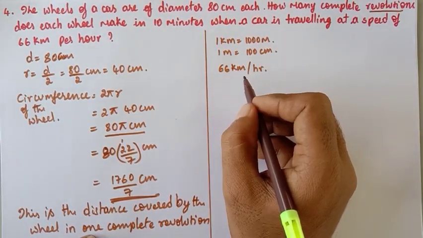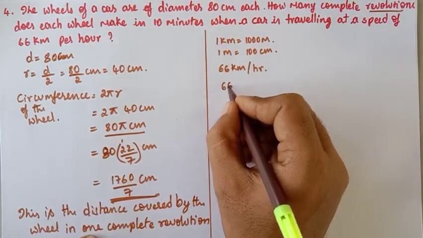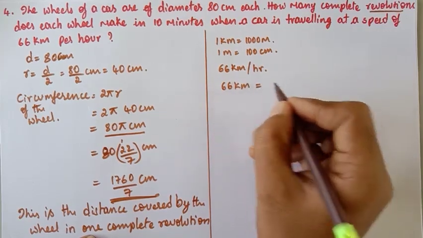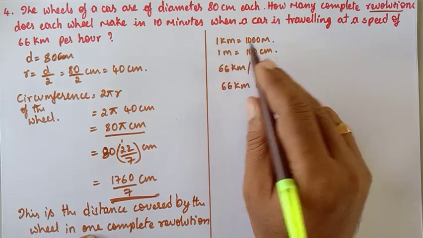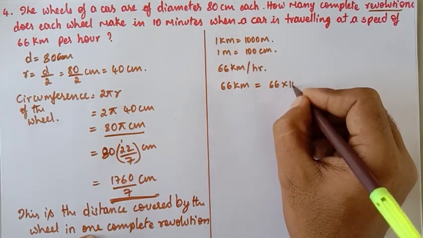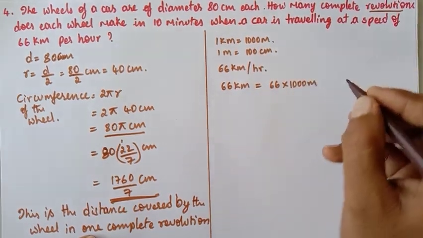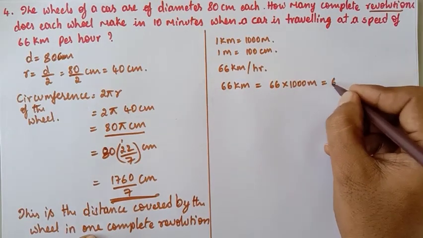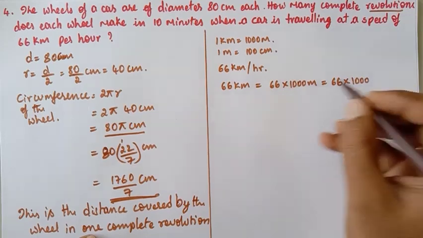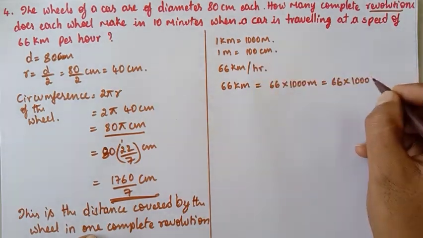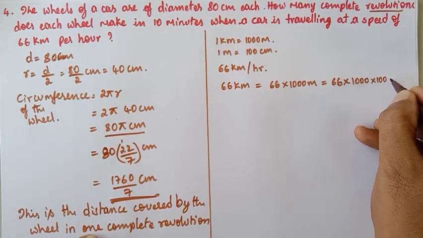So 66 kilometer can be written as 66 into 1000 meter. In the same way, 66 into 1000 meter can be written as 66 into 1000 into 100 centimeter.